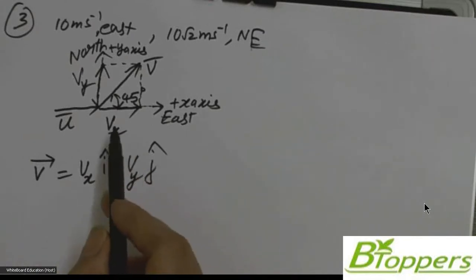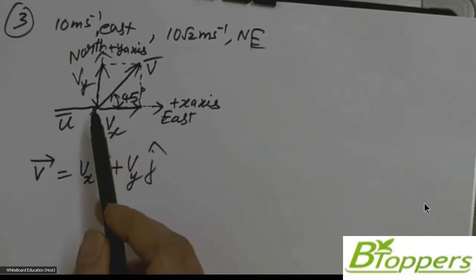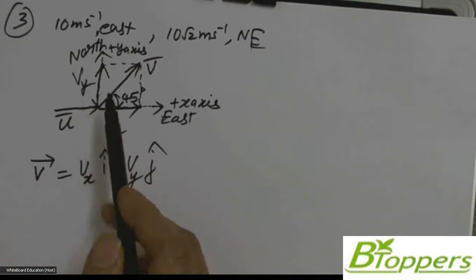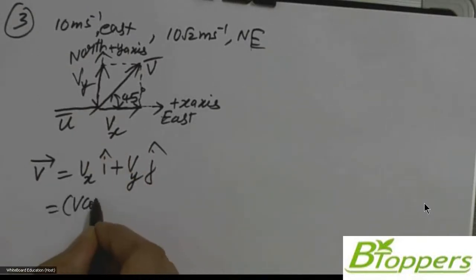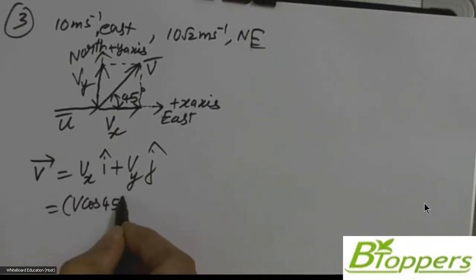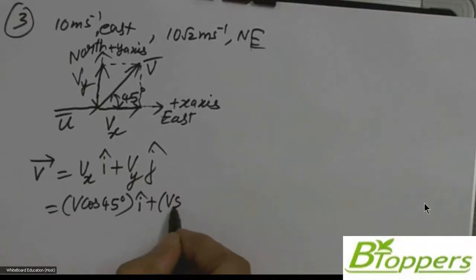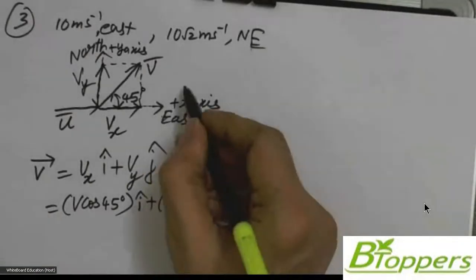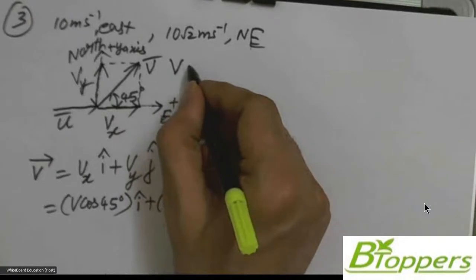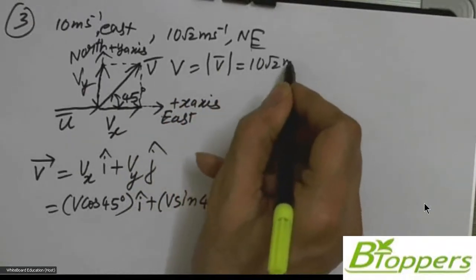The x component of the final velocity vector v bar is directed along the x-axis. The y component is directed along the positive y-axis. Now vx can be written as v cos 45 degrees, and vy can be written as v sin 45 degrees. Here letter v represents mod of vector v bar, which is equal to 10 root 2 meter per second.